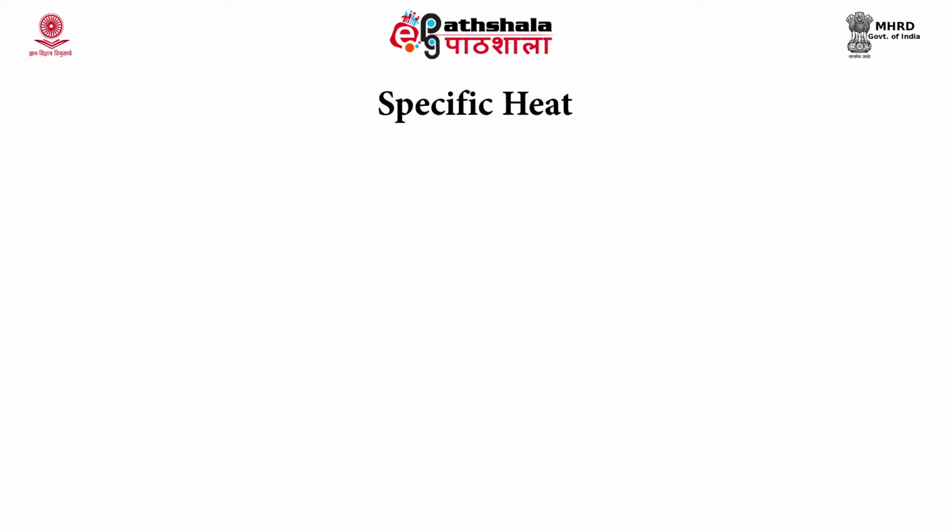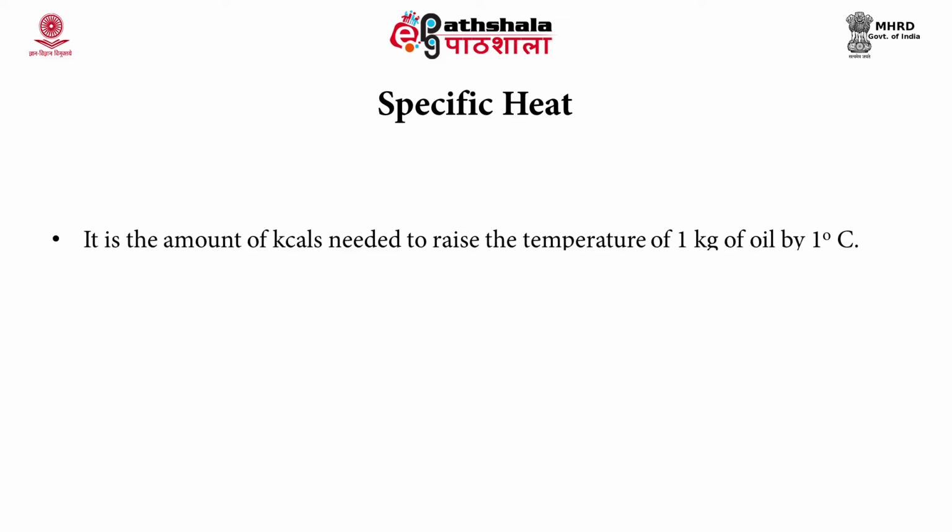What is specific heat? It is the amount of kilocalories needed to raise the temperature of 1 kilogram of oil by 1 degree Celsius. The unit of specific heat is kilocalories per kilogram per degree Celsius, or it can also be expressed as joule per gram per degree Celsius.